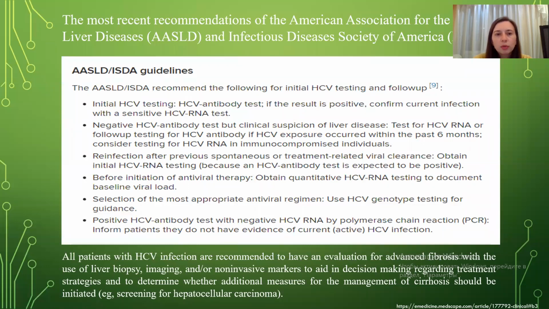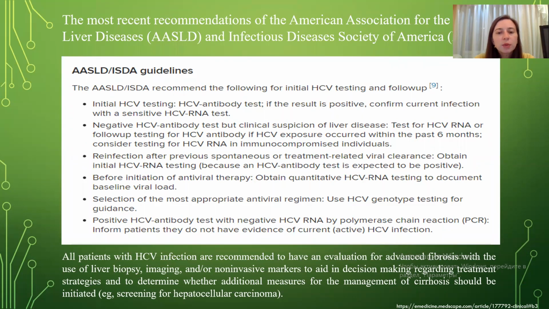And the most recent recommendations of the American Association for the Study of Liver Diseases and Infectious Diseases Society of America. These guidelines recommend the following for initial HCV testing and follow-up. Initial HCV testing: HCV antibody test. If the result is positive, confirm current infection with a sensitive HCV RNA test.